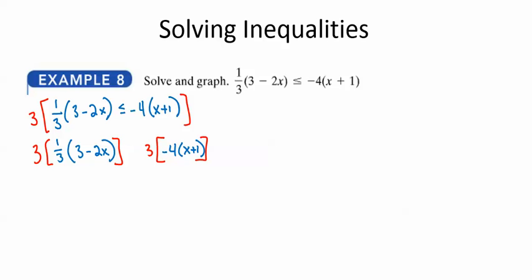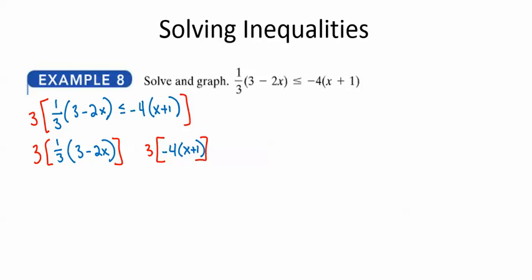Now, some students think that what we have to do here is to multiply the 3 times the 1/3 on the left, and then multiply 3 times everything in parentheses. But that's not correct. All we have to do is first multiply the 3 times the 1/3, and we'll have a new product of 1. That 1 will then be distributed to each term inside the parentheses.